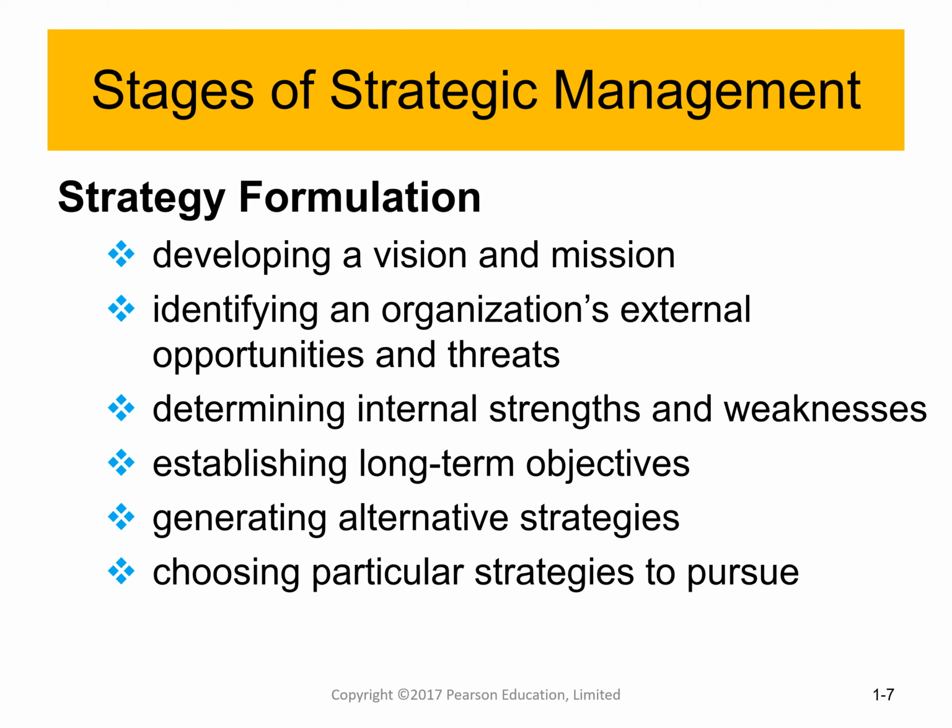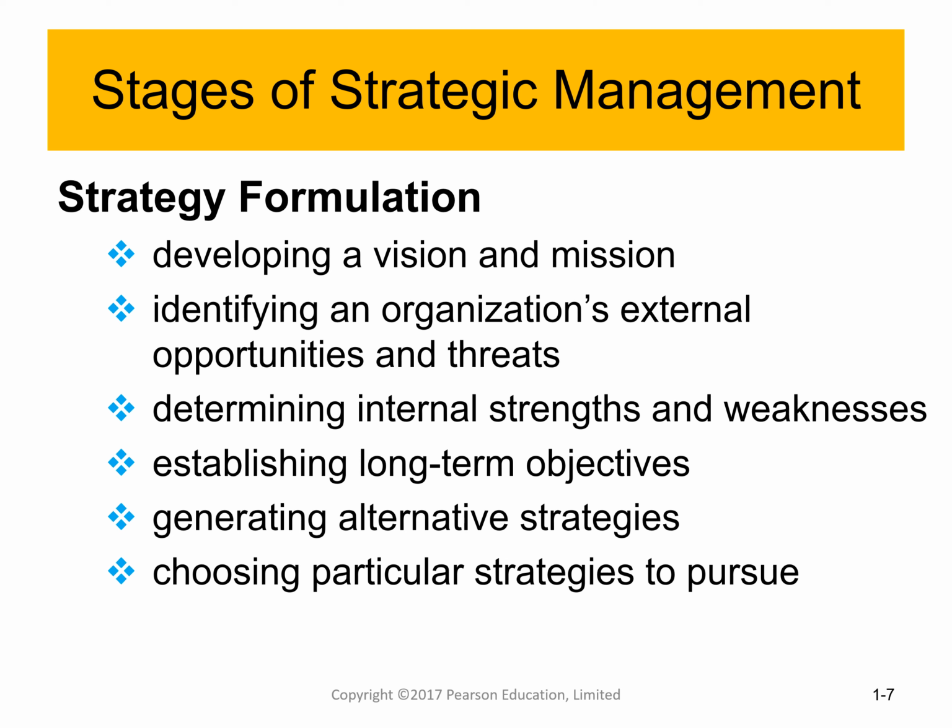In this process, the organization's managers must also consider several elements, including what are the external opportunities and threats, and what are the internal strengths and weaknesses of the organization. They need to also establish the long-term objectives.